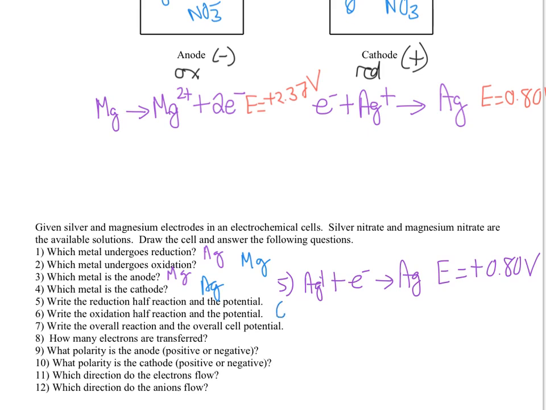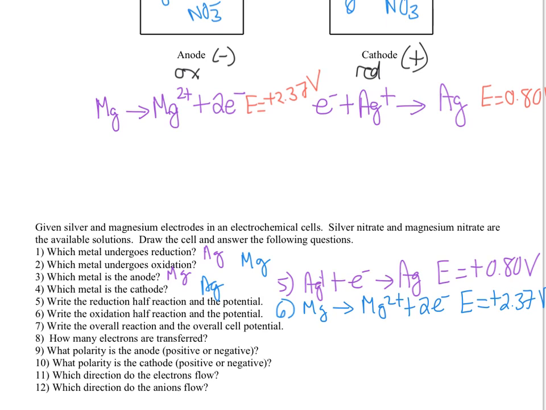For number 6, it wants the oxidation half reaction and the potential, so that's this one right here. I'll rewrite it. So Mg yields Mg2+ plus 2 electrons. Your voltage would be positive 2.37 volts.